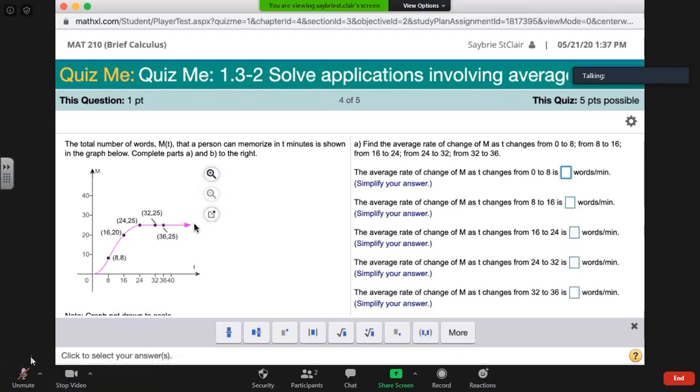You good? Alright, you hear me? I muted that so you didn't have to. My daughter is making a smoothie.